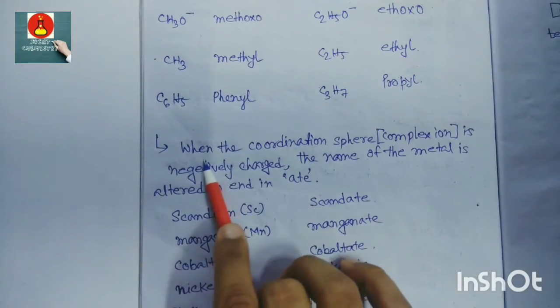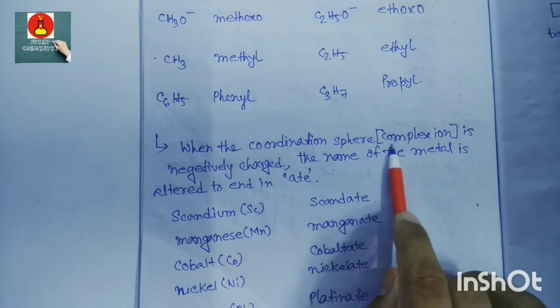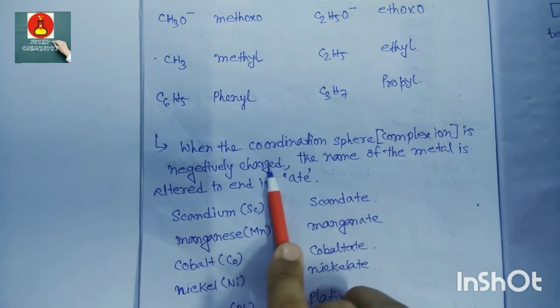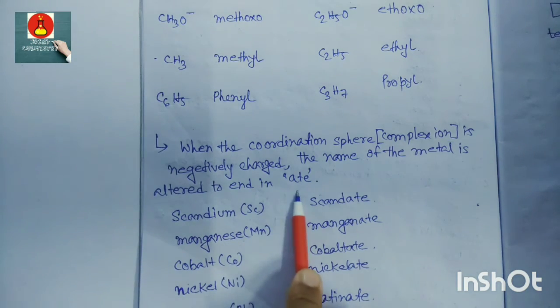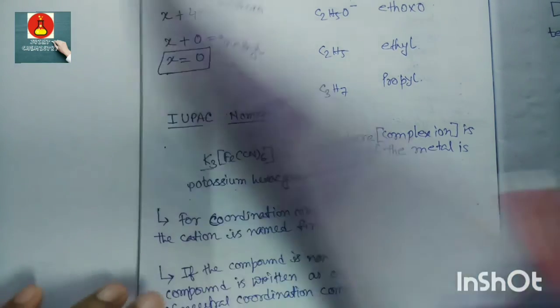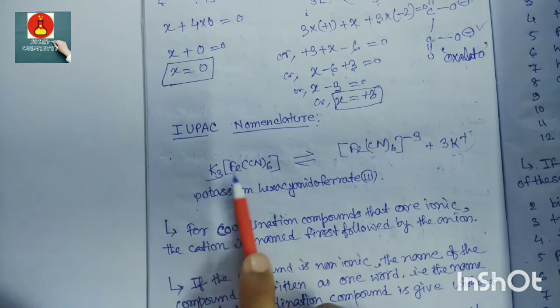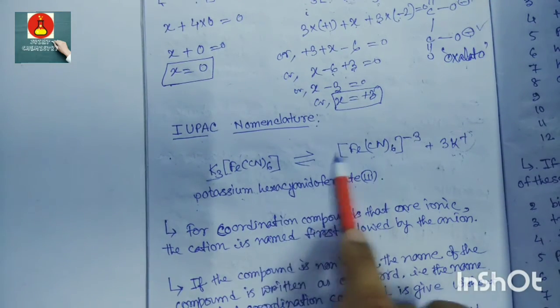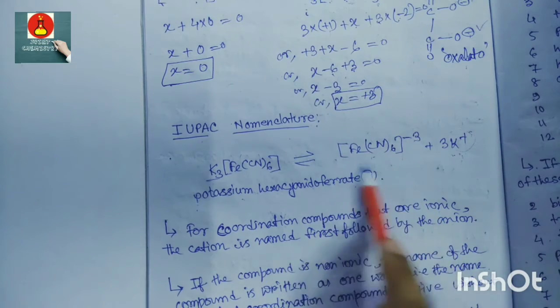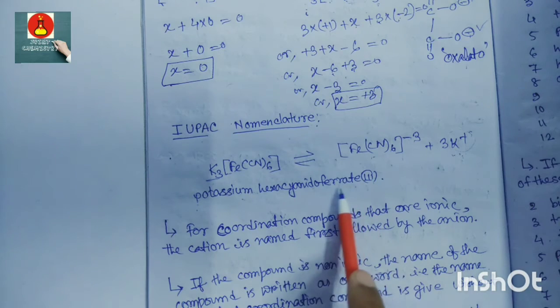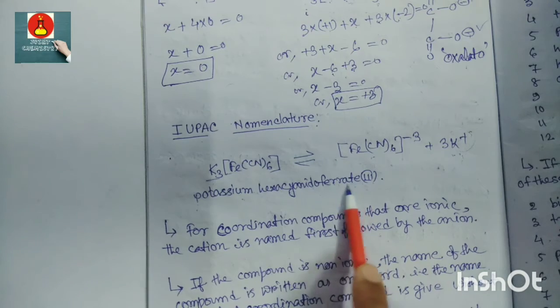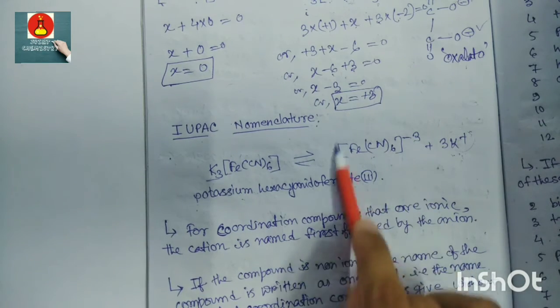Now the next rule is when the coordination sphere, or complex ion, is negatively charged, the name of the metal is altered to end in -ate. Like in the previous example K3[Fe(CN)6], where [Fe(CN)6]3- is a negatively charged complex ion, so the iron is named ferrate, with an -ate at the end.